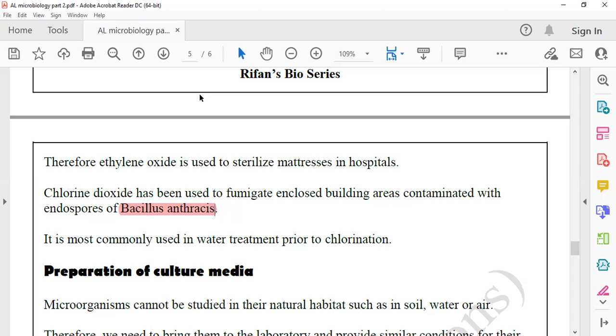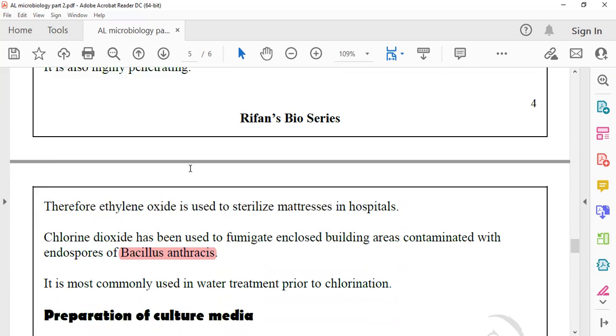Chlorination, we are actually using calcium oxychloride, but people used to call it chlorine. Chlorine is a gas, like the bleaching powder we are using. Chlorination is also a sterilization technique. So with this, sterilization techniques are over.